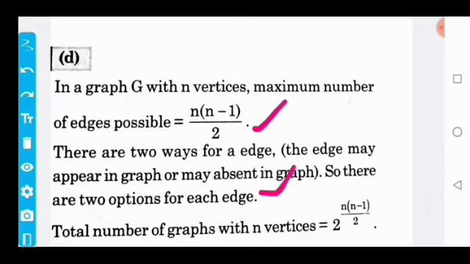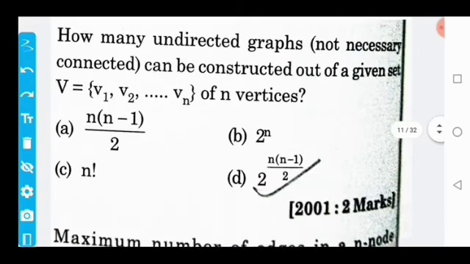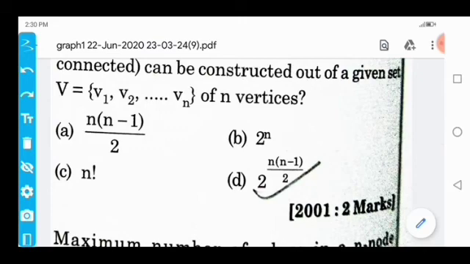So there are 2 options for each edge. Then the total number of graphs with n nodes is equal to 2 to the power of n into n minus 1 by 2. That is the correct answer of this question, which is option D.